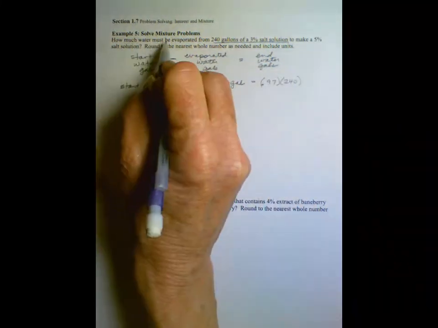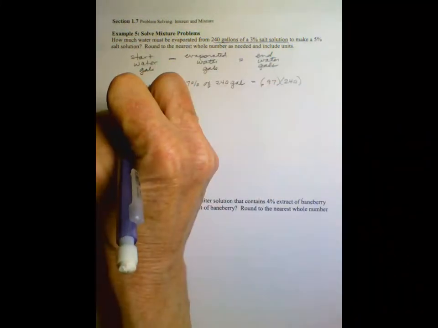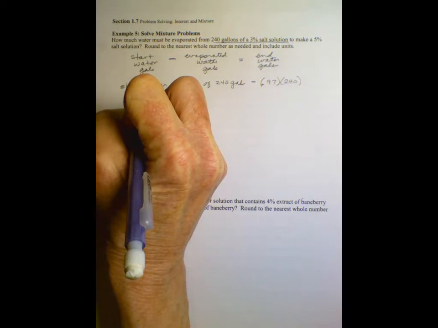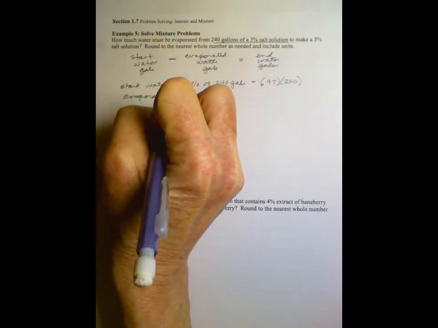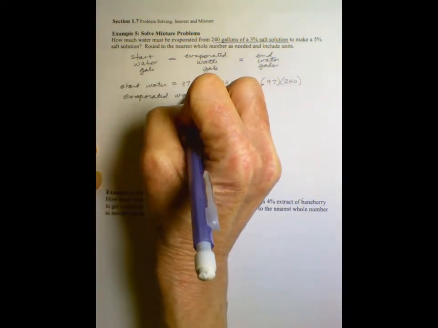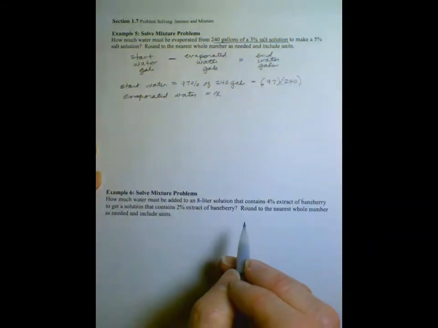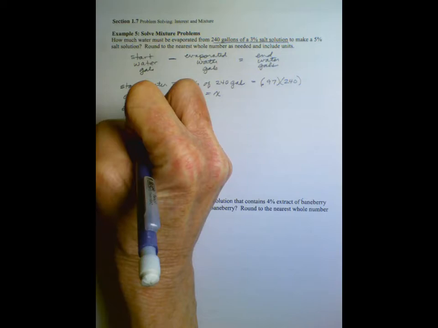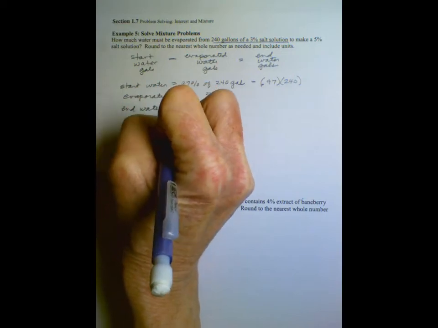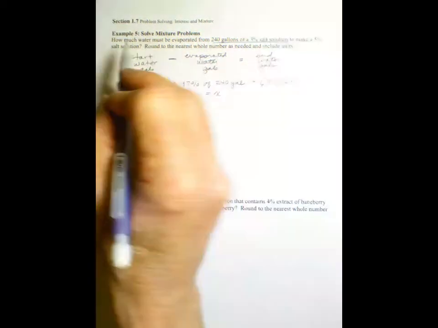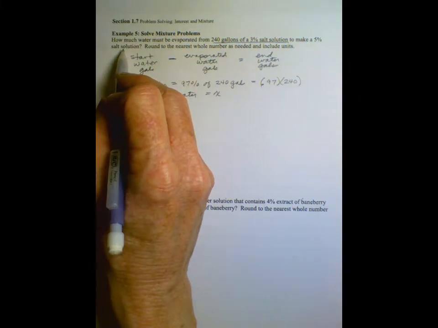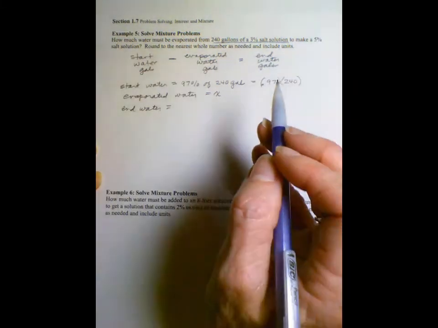Evaporated water. Well, how much water must be evaporated? That's what we're looking for, so that is my X. And then how much water will we end up with? Well, they tell us at the end you're going to have a 5% salt solution. So what percent of the remaining will be water? 95%, yes.